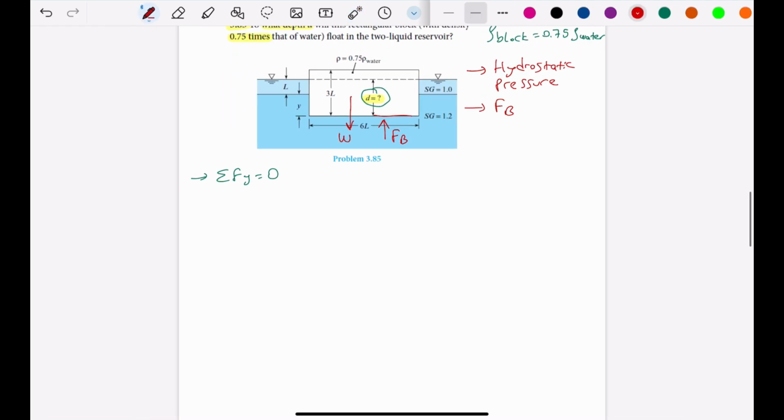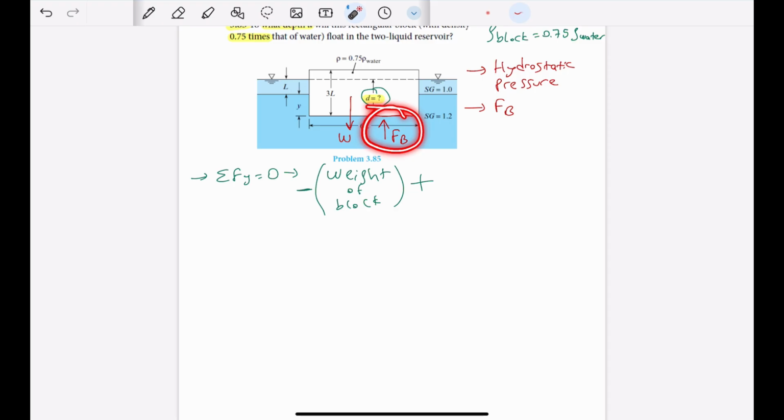So let me write everything we have. We have the weight of the block, and this is downward, so we use a negative sign.